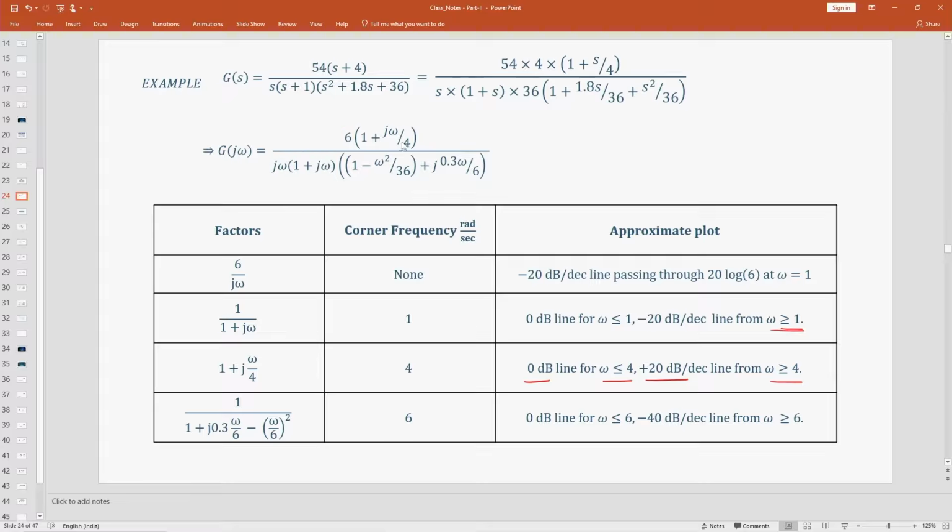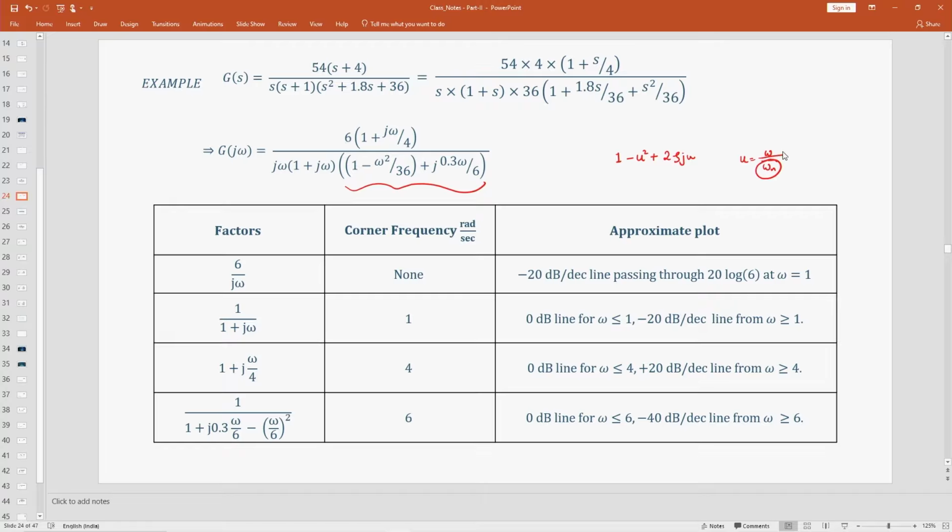Now comes the quadratic term, the complex pole. If we have a complex pole, then what will happen? We will have to look at the corner frequency. Remember, this was the form for the complex case. Here u is equal to omega by omega n, and omega n is the corner frequency.